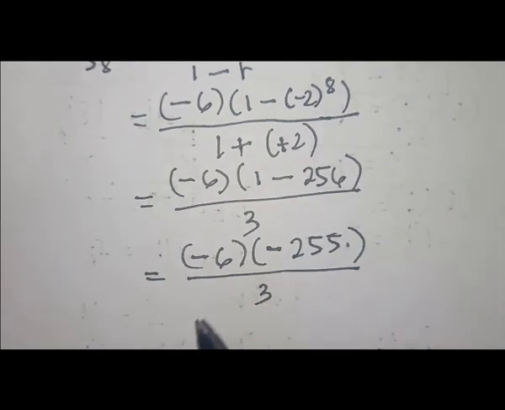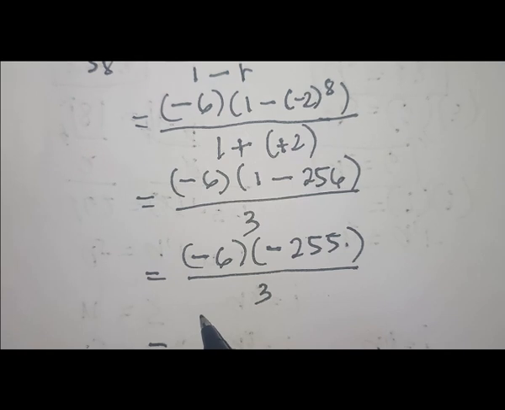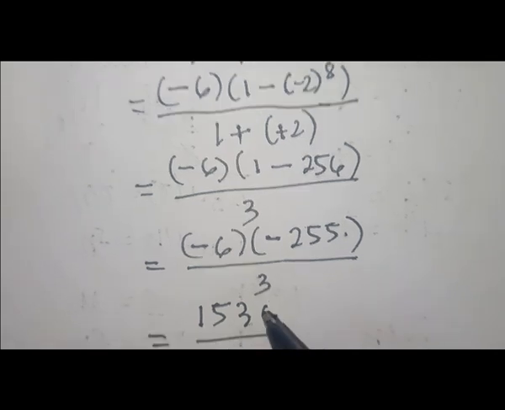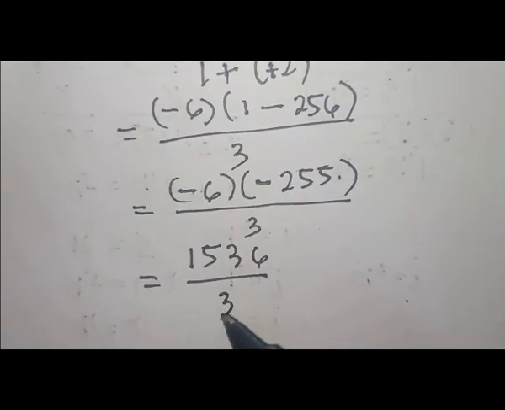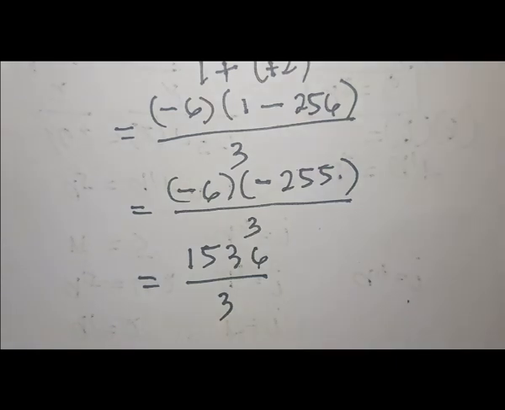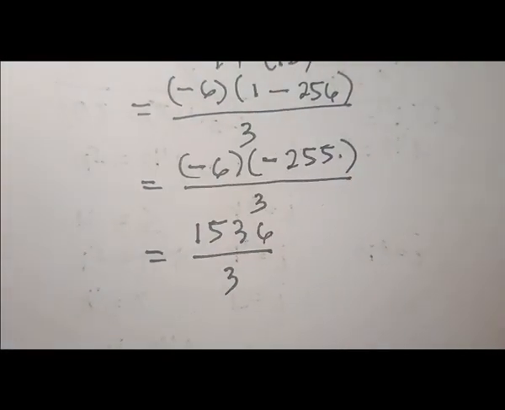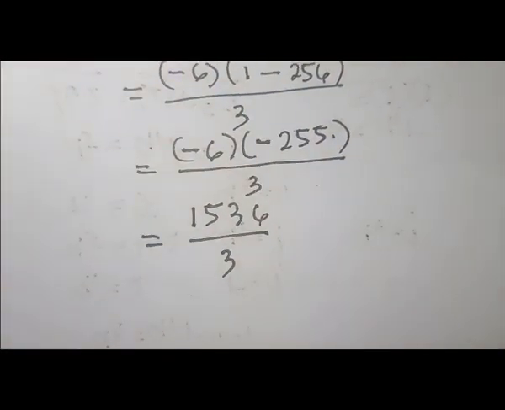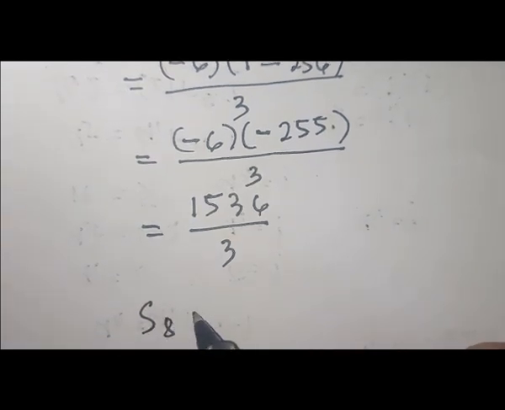Then negative 6 multiplied by negative 255 gives us positive 1,536 over 3. What is 1,536 divided by 3? Therefore, S sub 8 is equal to 512.